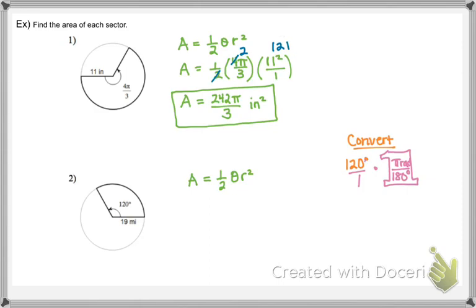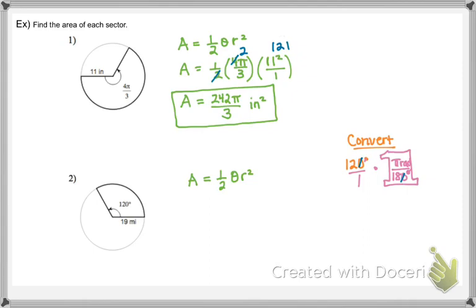Usually when the degree symbol is not there, we assume that it's in radian measure, but sometimes it helps if you just put the unit there too, entirely up to you. So degrees cancel out, and I have 120 divided by 180, so I can reduce that, right? Can divide both by 10, so cancel out the 0, and then 12 over 18. 6 goes into 12 2 times, and 6 goes into 18 3 times.